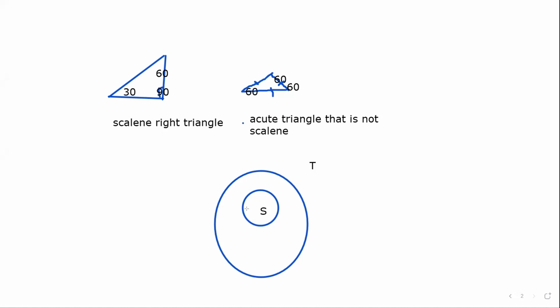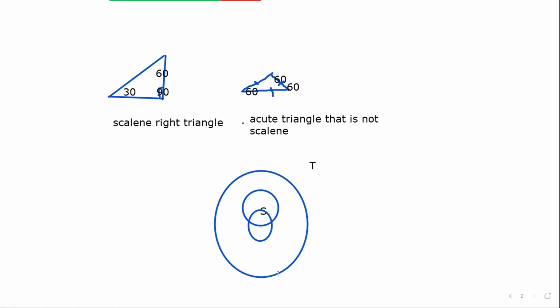It doesn't matter where you put this overlap as long as the overlap shows to some degree. So this would be your acute circle, because there's lots of acute triangles that aren't scalene. So this would be your A here.